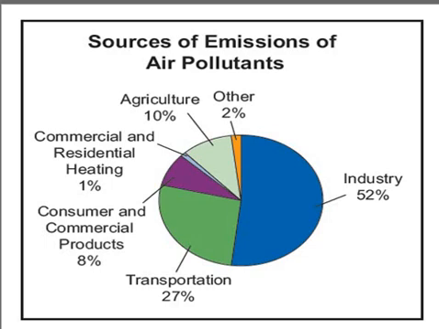Transportation vehicles are producing 27%. Industry is the major, giant pollution emitter. All industries together are emitting 52% of air pollutants. It is a very big source of air pollution.